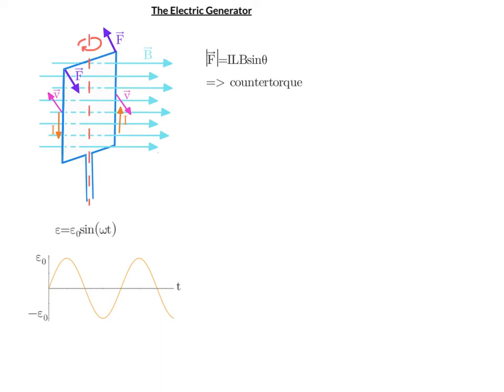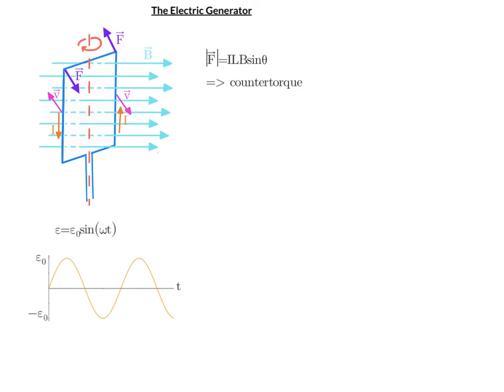So we have to have a good balance of the amount of current that's produced and the retarding force, this counter torque, so that we get a maximum amount of current that is being transferred to the outside world.